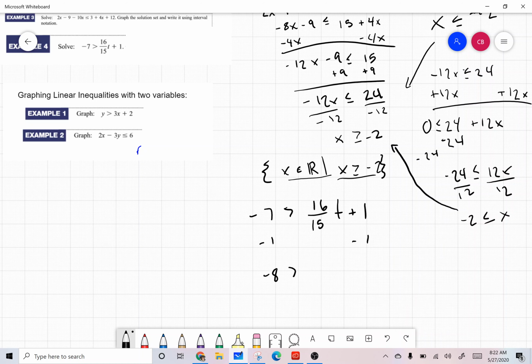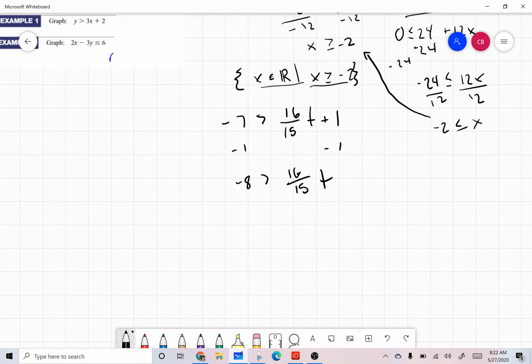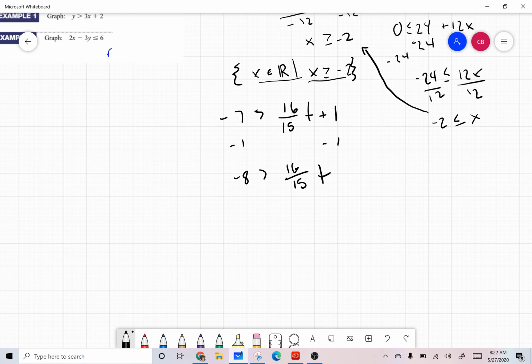Negative 8 is greater than 16 over 15 t, which means if I multiply by 15, divide by 16, then now I have, well, 8 and 16, that's 1 and 2, so this is negative 15 over 2 is greater than t, and so this is t is less than negative 15 over 2.